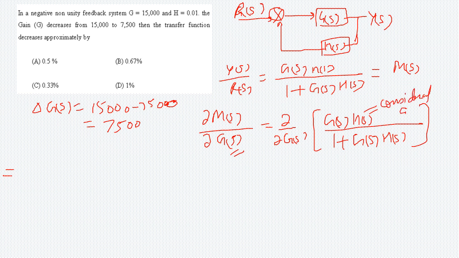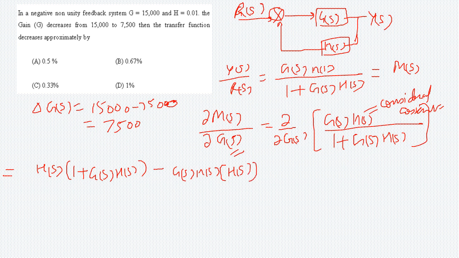We get H(s) into 1 plus G(s)H(s), minus G(s)H(s) times the derivative of the lower part, which is H(s), over 1 plus G(s)H(s) whole squared.